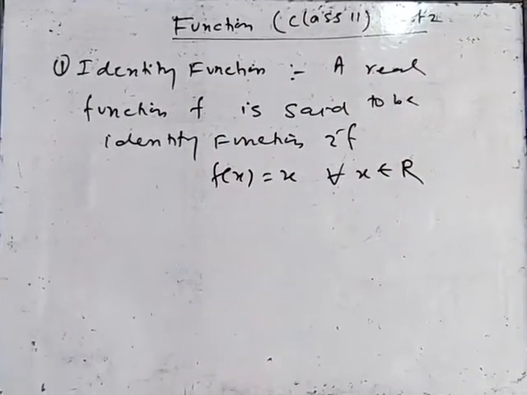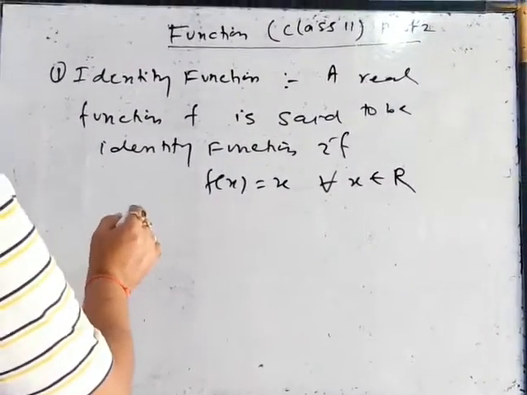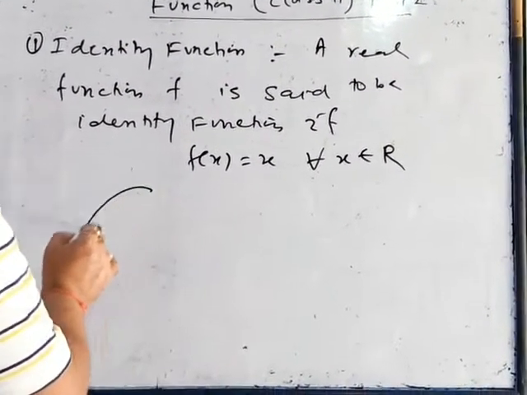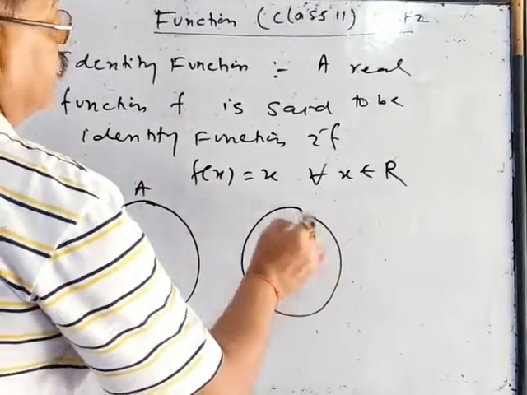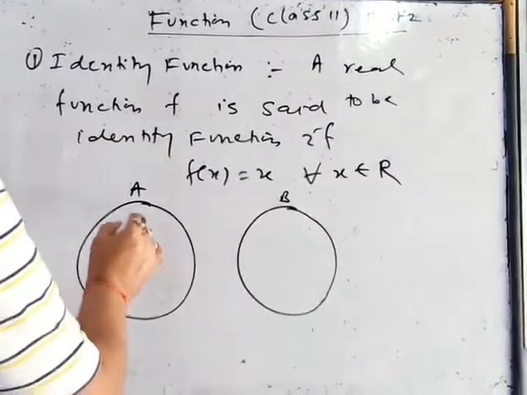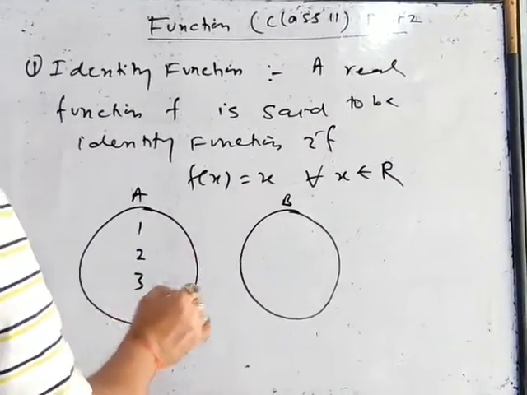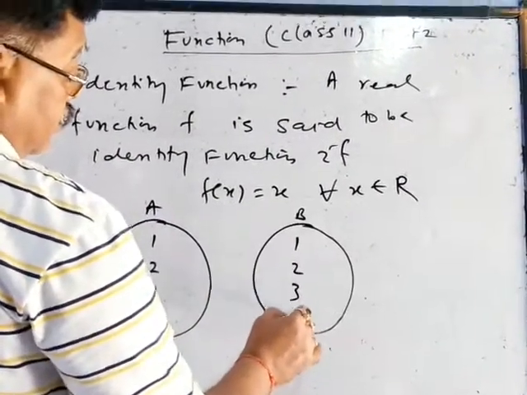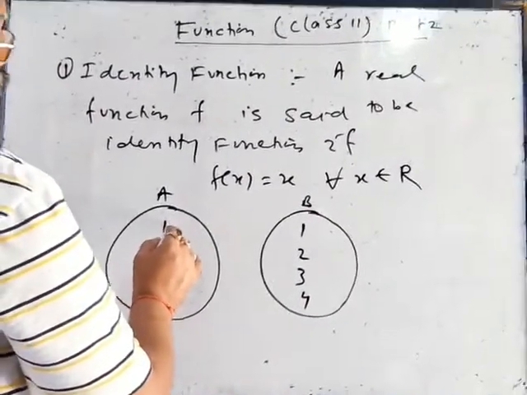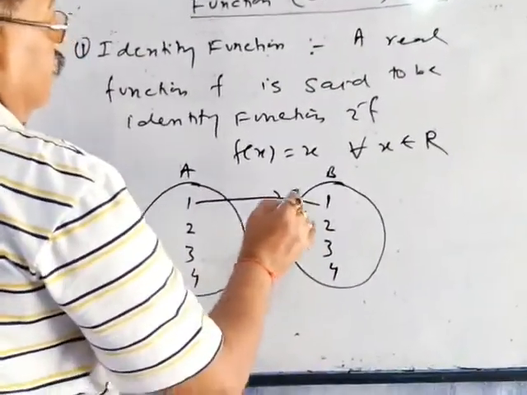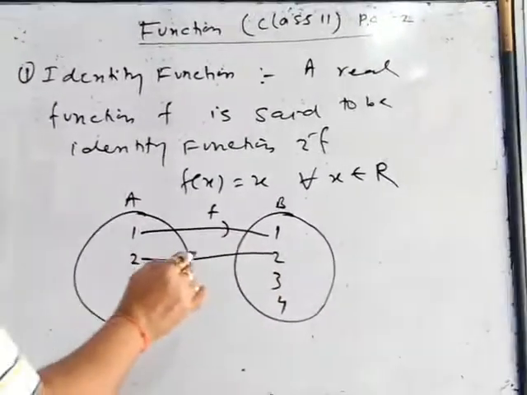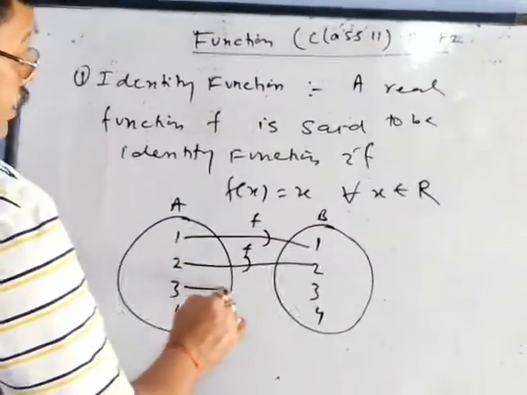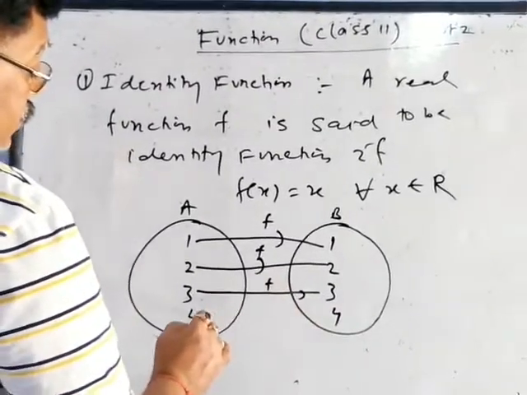Just by picture I am going to discuss it. By picture, here is set A, here is set B, and here is 1, 2, 3, 4 and 1, 2, 3, 4. So here 1 is related to 1 under function f, 2 is related to 2, 3 related to 3, 4 related to 4.